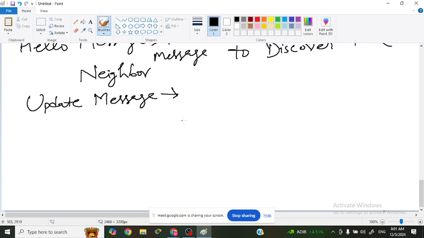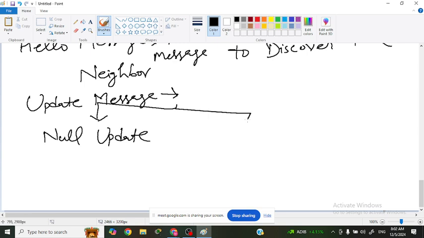So there are three types of update messages. First one is null update. Second one is full update. And third one is partial update.